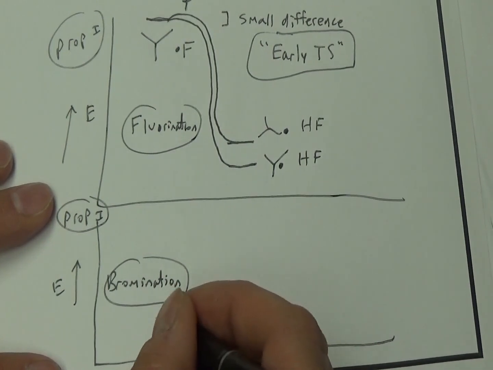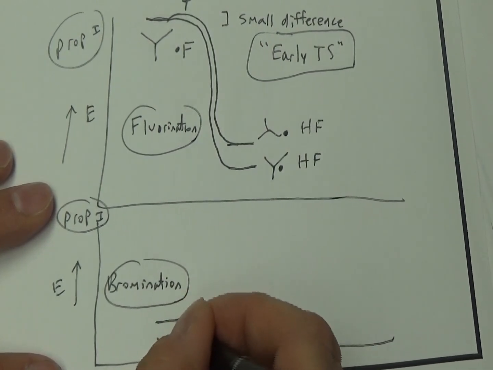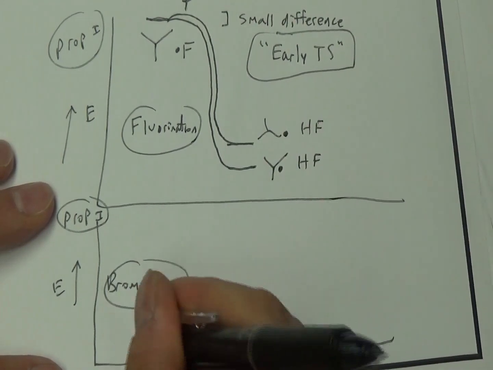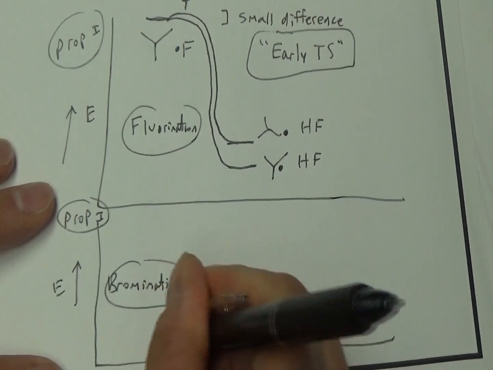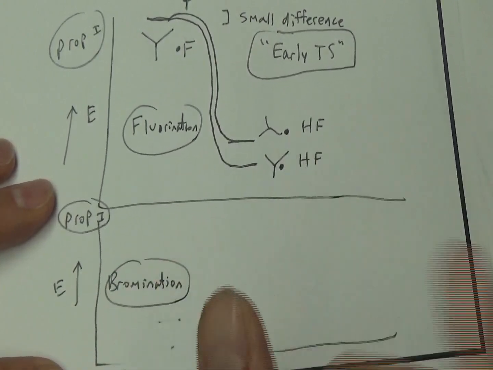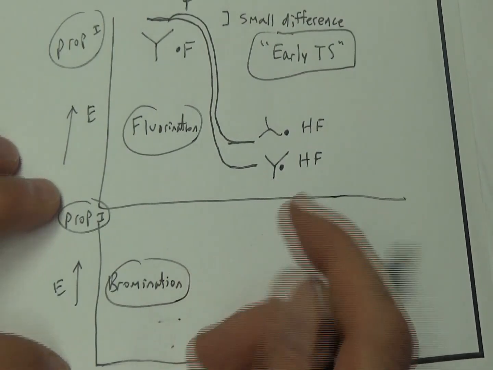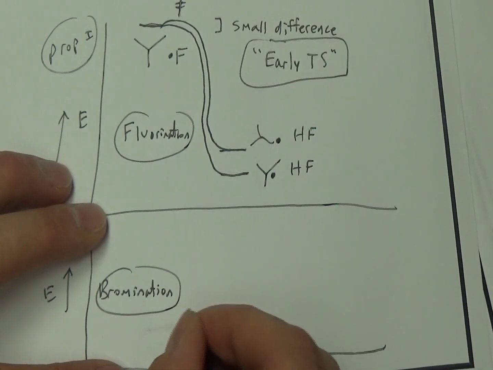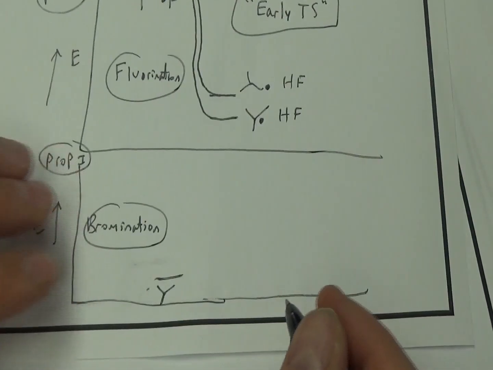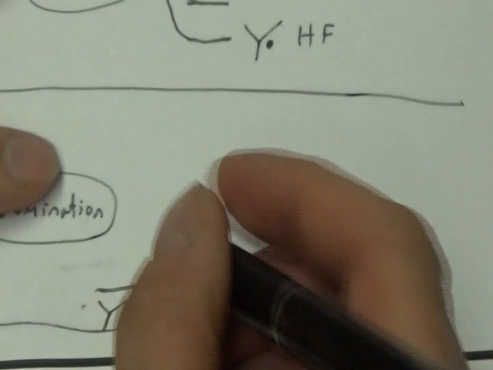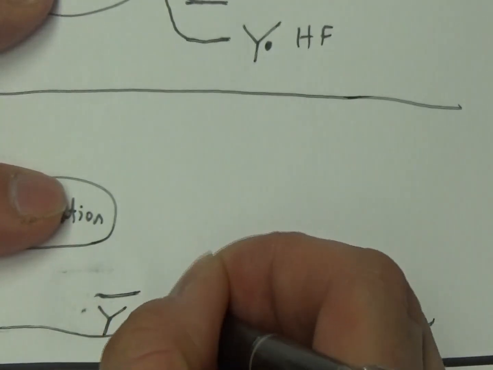All right, so with bromination, we start with the substrate and Br dot, just like we did with fluorination.